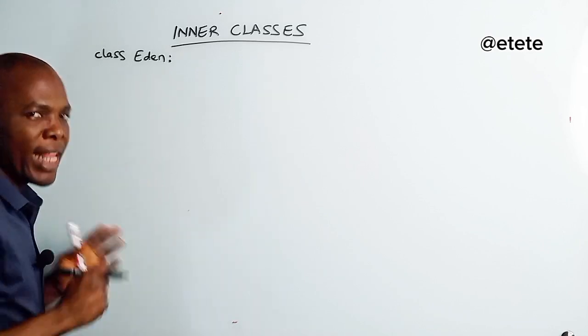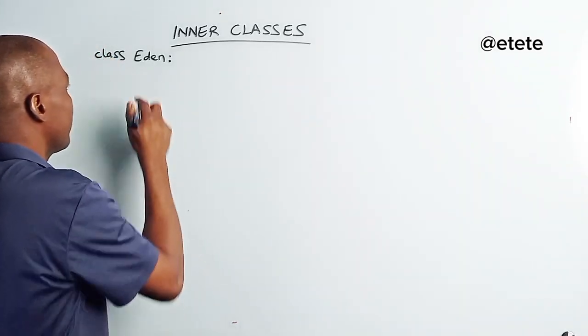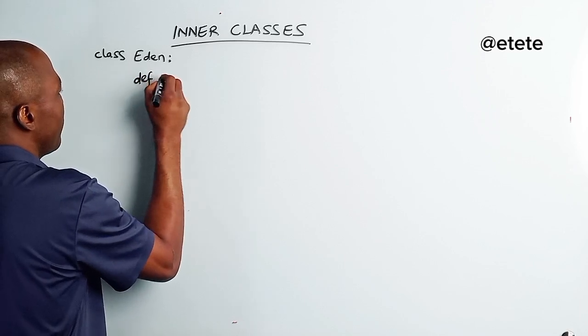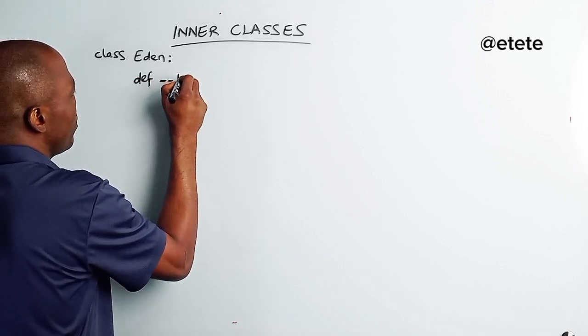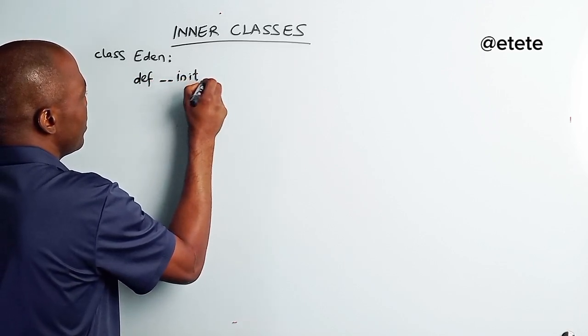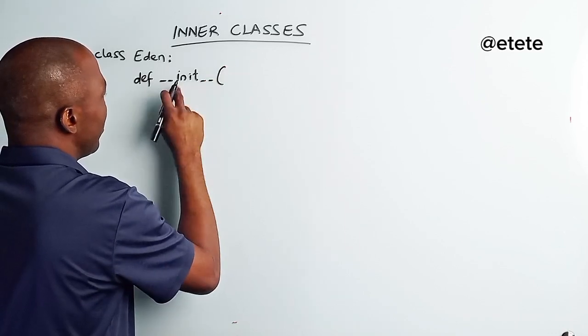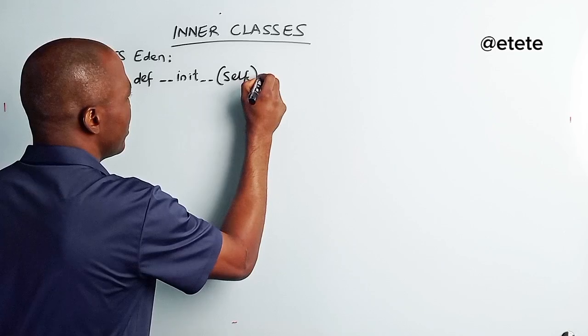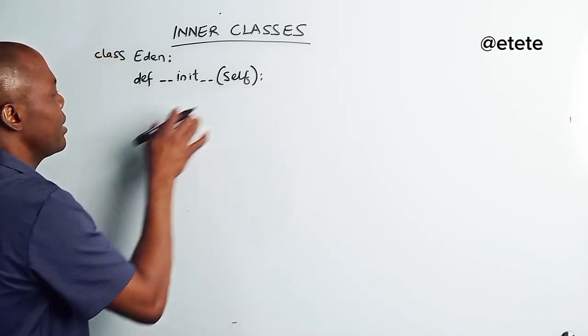Now, inside this class, we are going to initialize it. So we'll say def double underscore init double underscore. Now, this class, you're just going to supply the self parameter. No other parameter is needed.